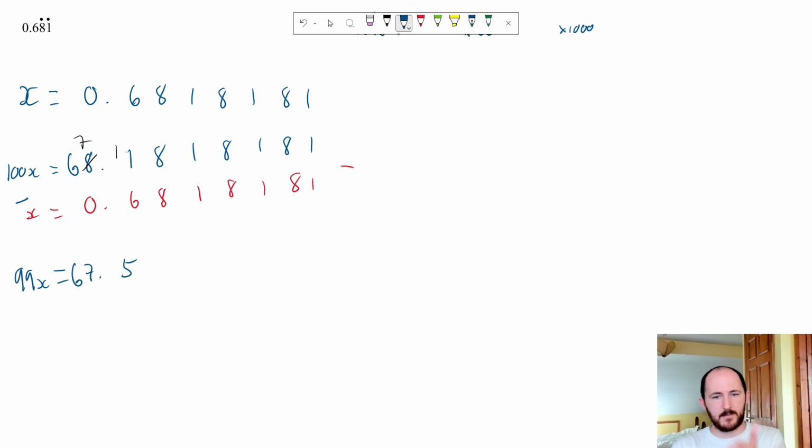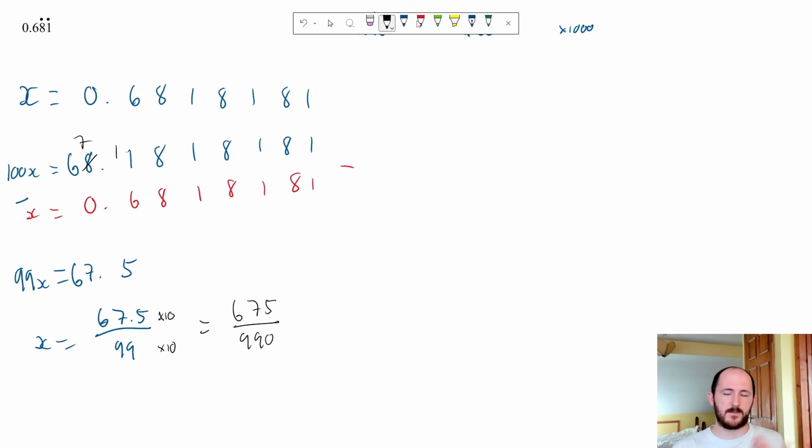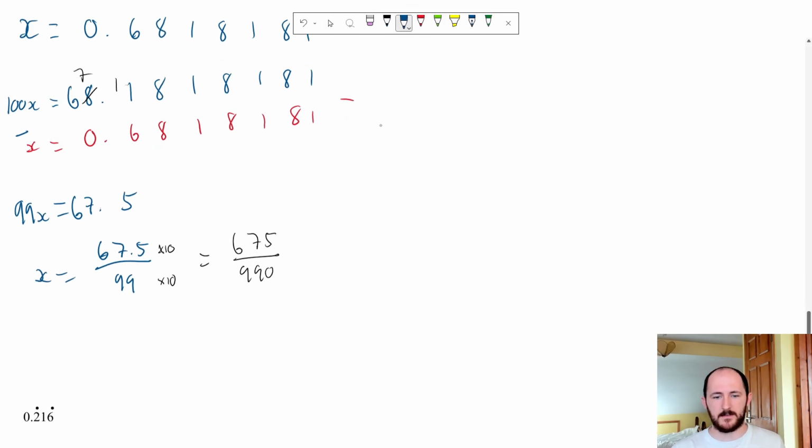Next step, divide both sides by 99. You want to move the 99 over. And then all you need to do is ask yourself, are they both whole numbers on the top and bottom? The answer is no, because we have a 67.5. So now we're going to times the top and bottom by 10 to get rid of the decimal. So our final answer is 675 over 990. Simplify it if you want, but that should be it for that.